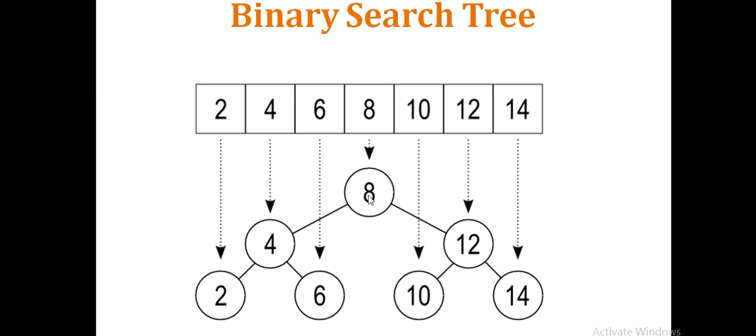If my root element is less than the searching element, we need to search that element on the right side of the tree. If my searching element is 4, we know that the root is 8 and 4 is less than the root element, so we have to search it on the left side. In this way the search becomes very easy, and there is no need to scan the whole array, as we are comparing with the root element, and if it is less, we search on the left side.